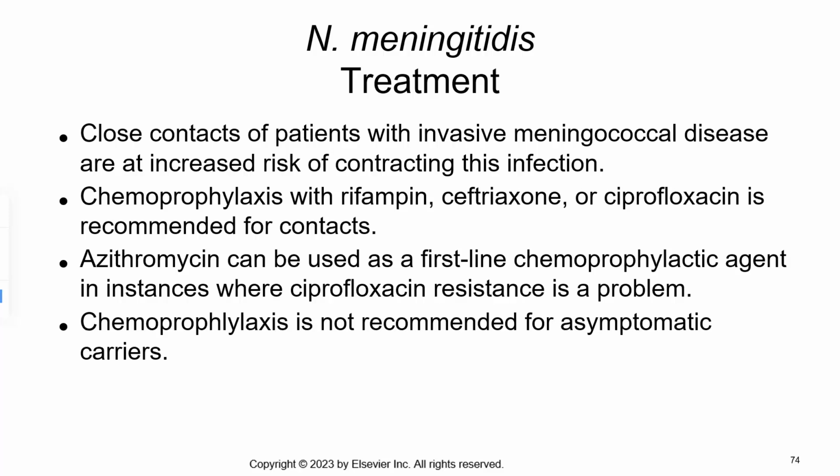So you don't know if you have the infection or not, but you take steps to prevent the infection from happening or from getting worse. Chemo is referring to chemical. So chemoprophylaxis is the use of drugs or chemicals to prevent the spread or the increase in severity of a disease.